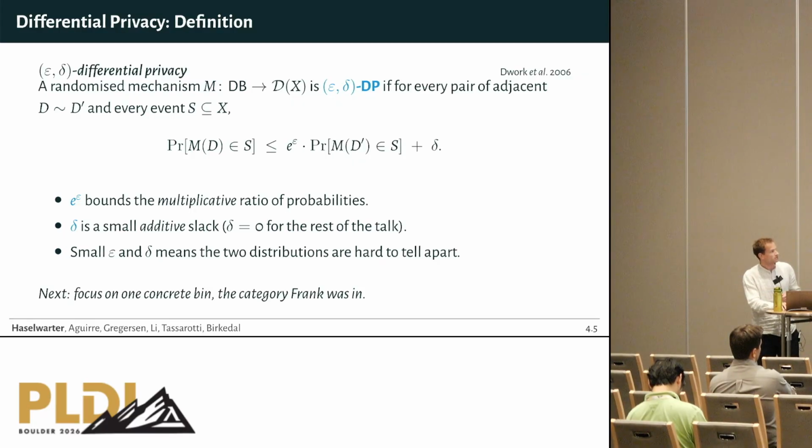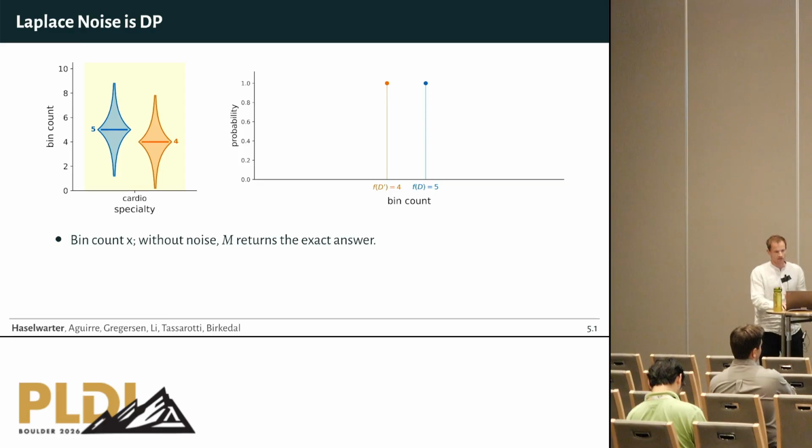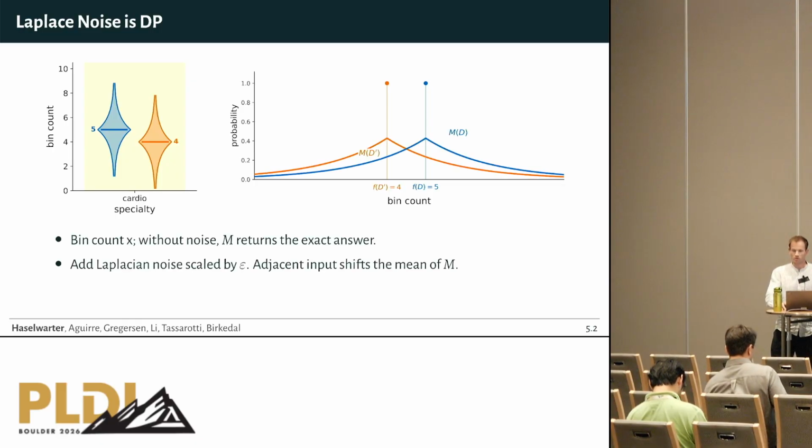So let's go back to Frank and see what happens to him. So we were looking at the cardio bin, because that's his category. And if we look at these noise spindles, we can represent that as a more familiar probability distribution on the right-hand panel here. And so the distributions that we're seeing here are exactly a Laplacian that's scaled according to epsilon, where the means of the two distributions are shifted by the distance between the inputs.